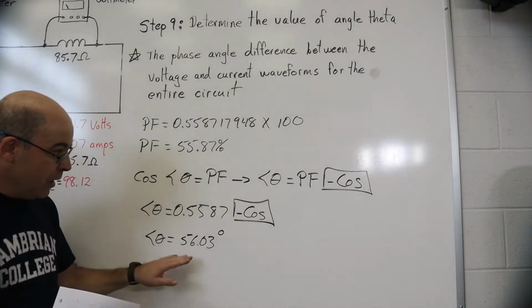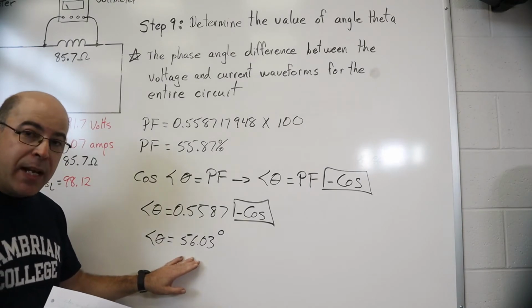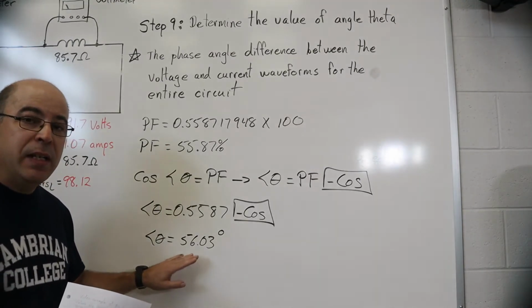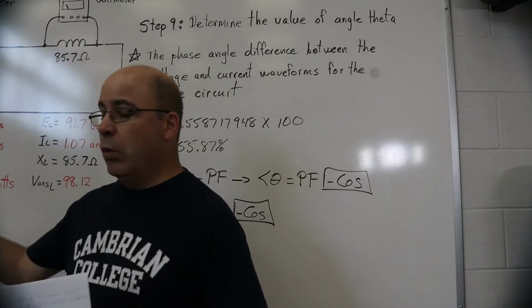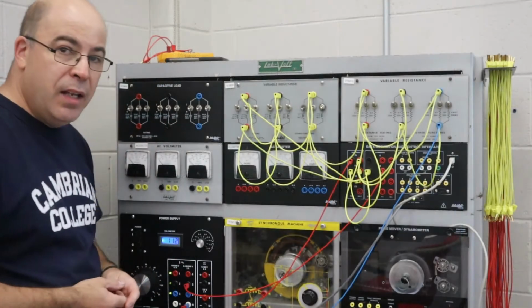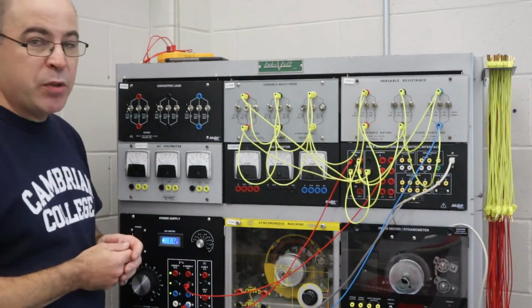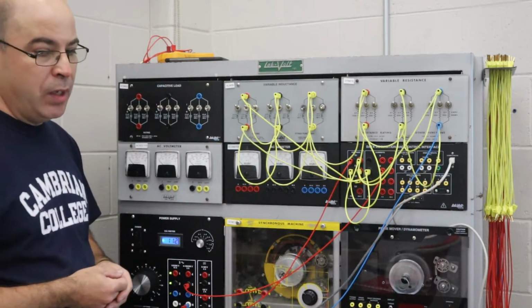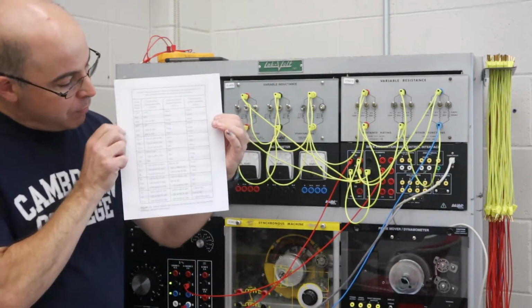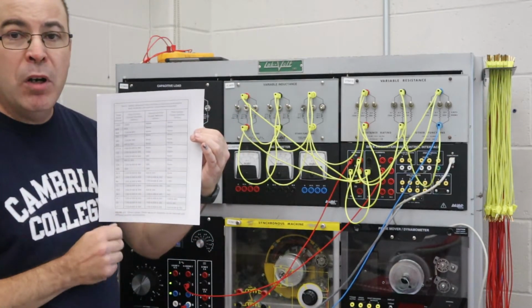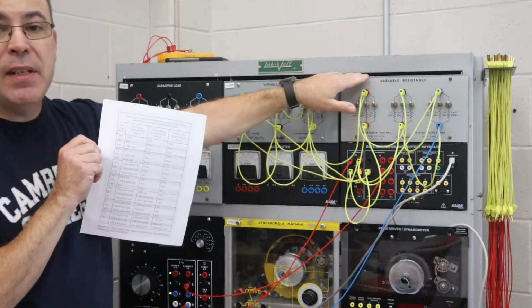Now, I've already gone ahead and built this circuit in real life using our LabVolt workstation. What I've done is I've actually built the circuit that we've seen on the board using the values found in the chart for the inductive load module as well as for the resistive load module.